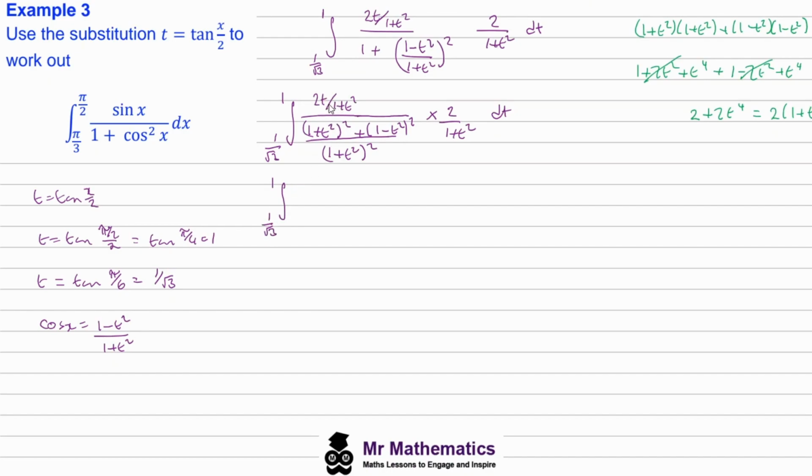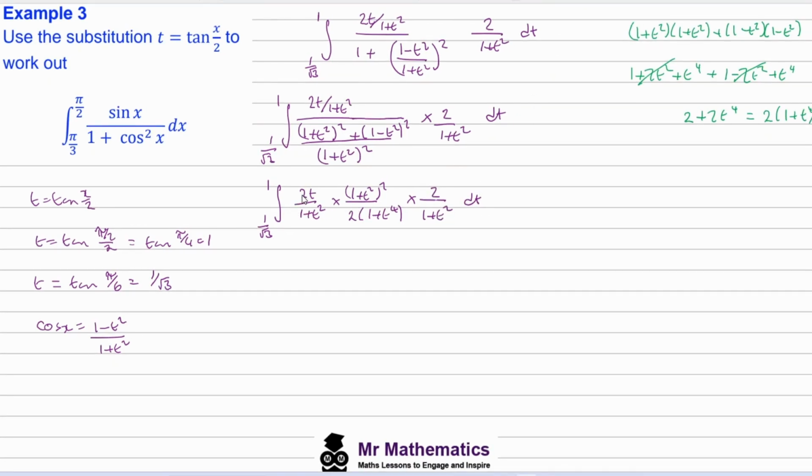I'm going to write in this fraction 2t over 1 plus t squared. I'm going to reciprocate the simplified version of this fraction, so multiplied by 1 plus t squared all squared over 2 lots of 1 plus t to the 4, and then multiplied by 2 over 1 plus t squared dt.